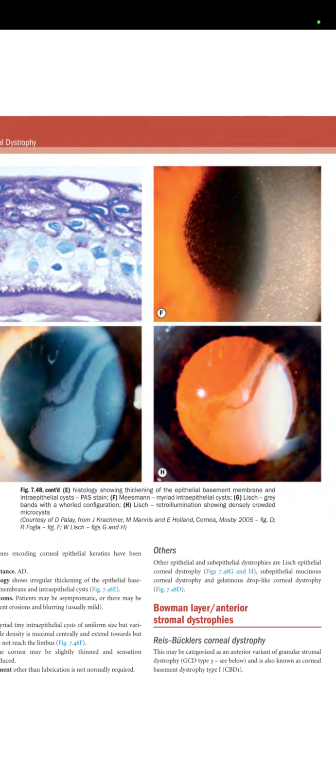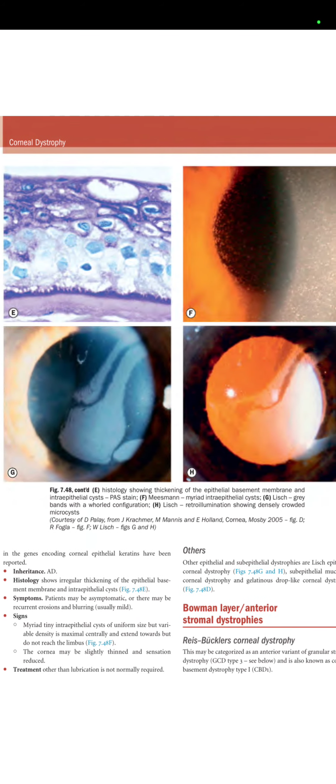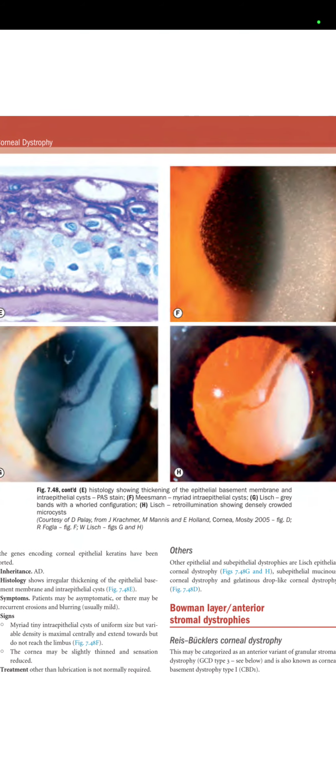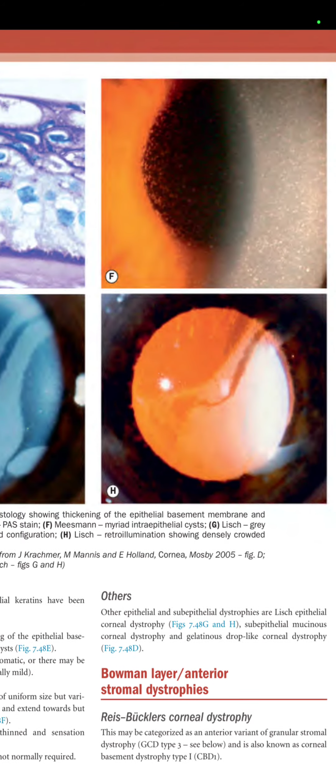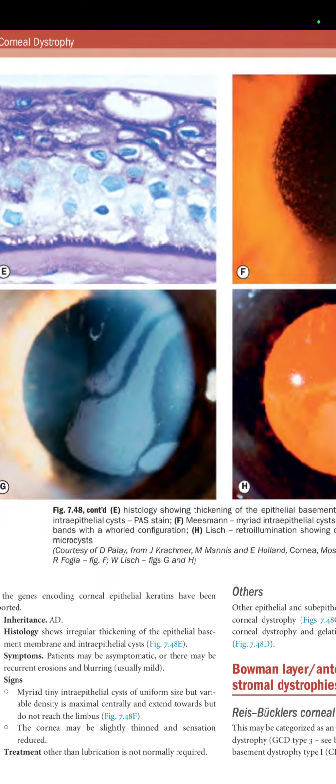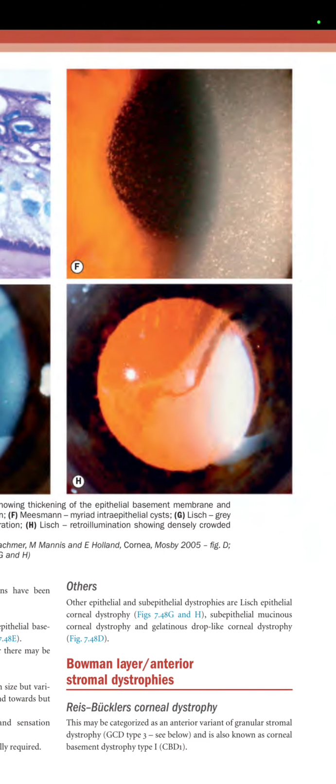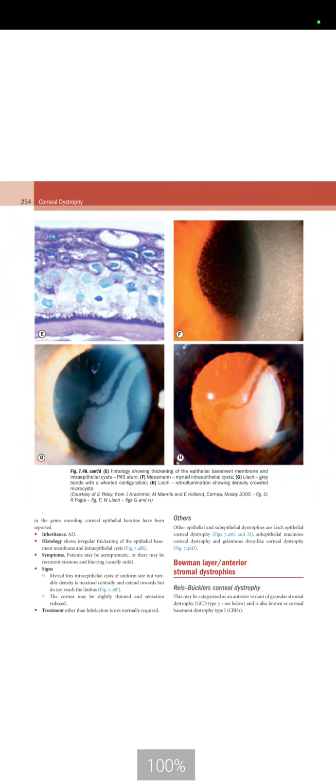And G is showing the Lisch gray band with hole configuration, and H is Lisch retroillumination showing densely crowded microcysts. So basically Lisch is another kind of epithelial dystrophy. We are not going to discuss it here. Other epithelial and subepithelial dystrophies are Lisch epithelial corneal dystrophy, subepithelial mucinous corneal dystrophy, and gelatinous drop-like corneal dystrophy. So these are the other epithelial corneal dystrophies.